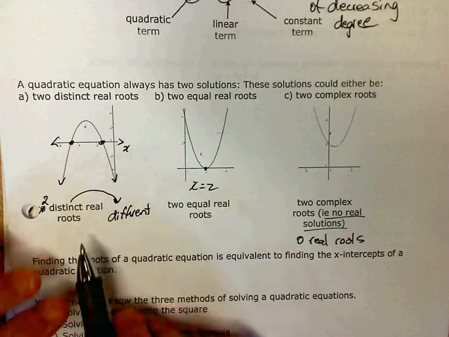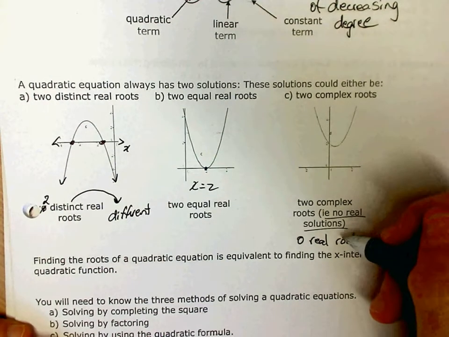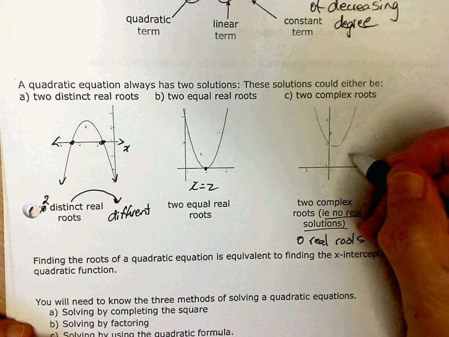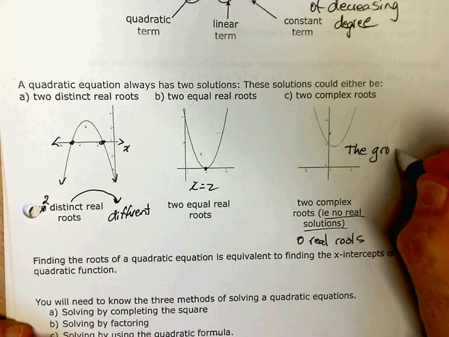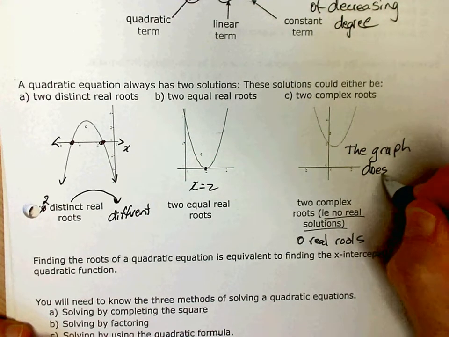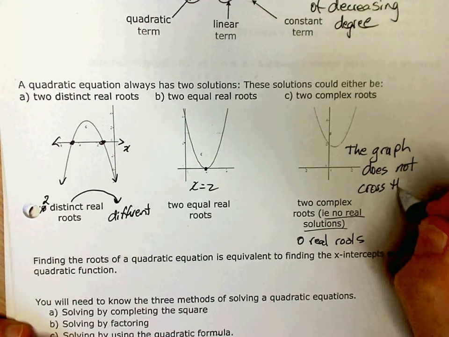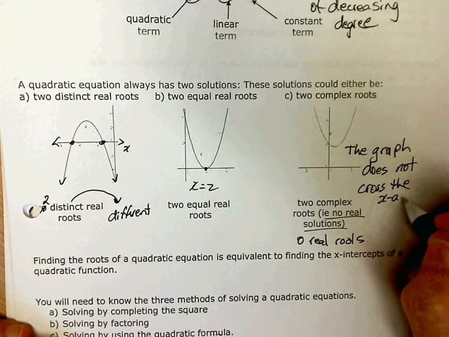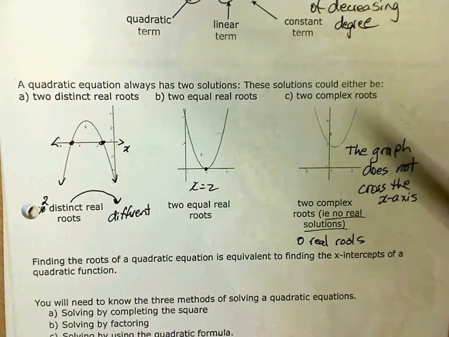They're just being consistent. Here you have 0 real roots, because notice the graph does not cross the x-axis. So you have three different situations.